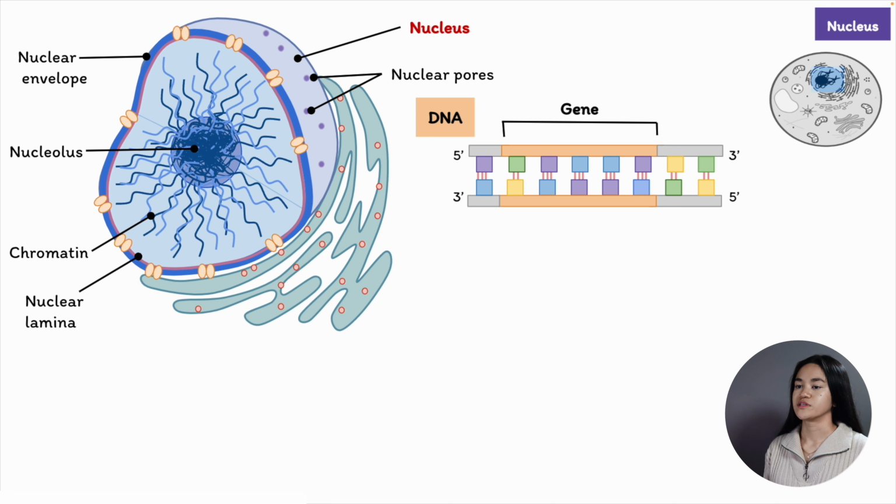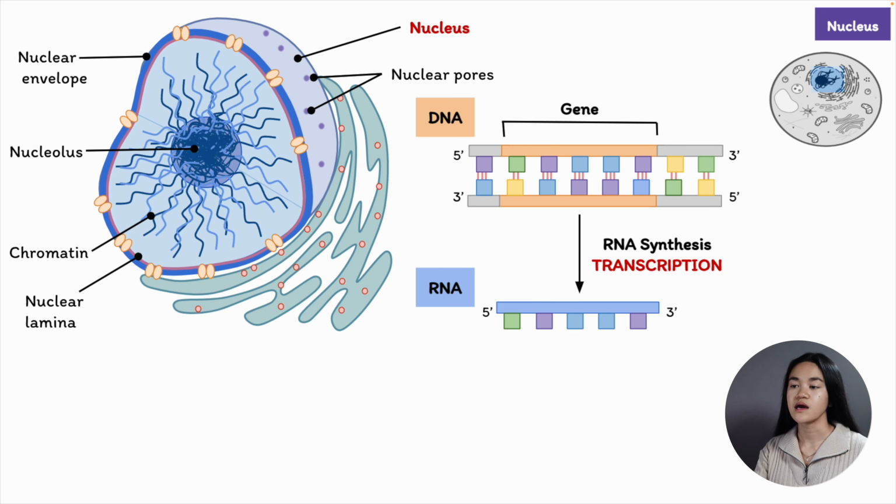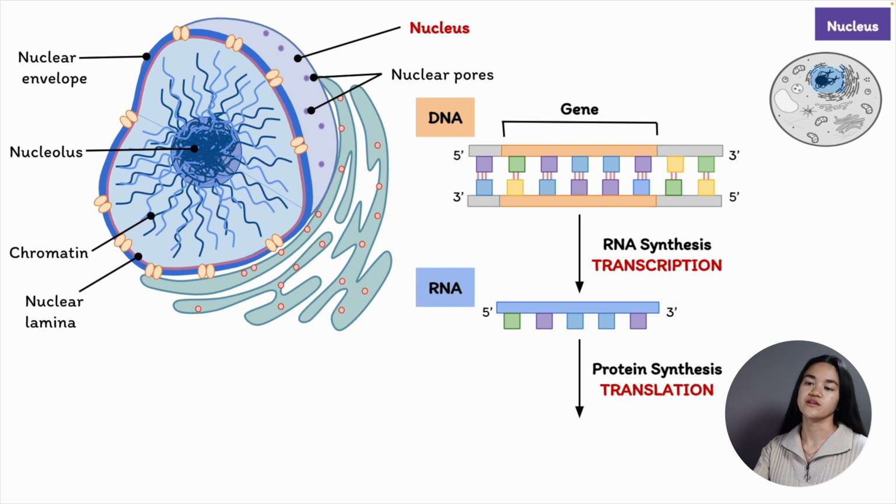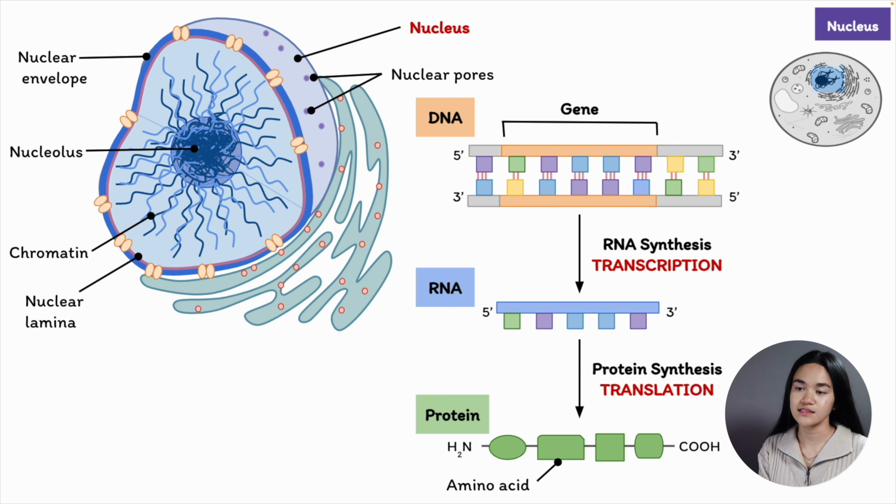When a particular protein is needed by the cell, this segment of DNA is first copied into RNA, specifically messenger RNA or mRNA. The mRNA is then transported to the cytoplasm via nuclear pores, and once it's in the cytoplasm, the RNA copies are then used to direct protein synthesis.